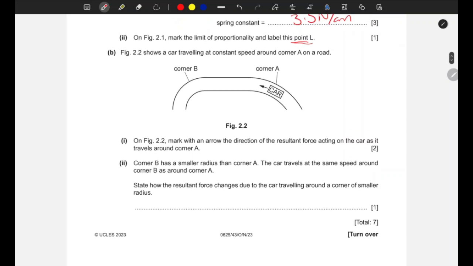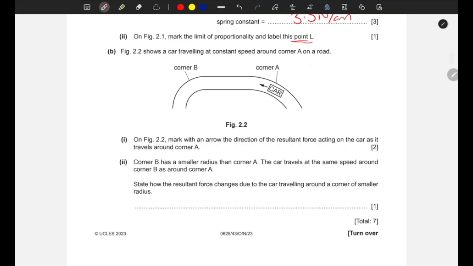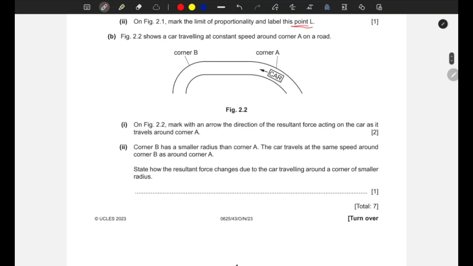Part B. Figure 2.2 shows a car traveling at a constant speed around corner A on the road. Okay, part 1. On figure 2.2, mark with an arrow the direction of the resultant force acting on the car as it travels around corner A. So on the diagram we can see that the car is moving in a somewhat circular manner.